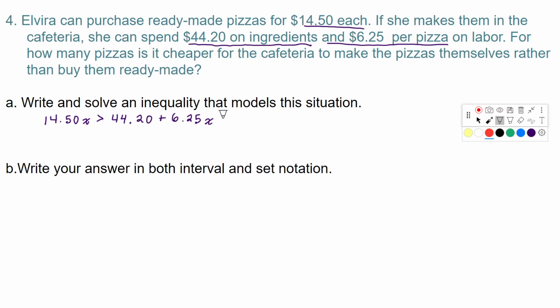To solve this, I would like to get x on the same side. So I'm going to undo the plus 6.25x by subtracting 6.25x. And that's 4.50x minus 6.25x... we get 8.25x is greater than 44.20.